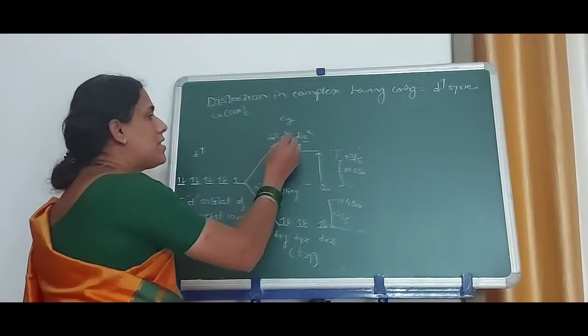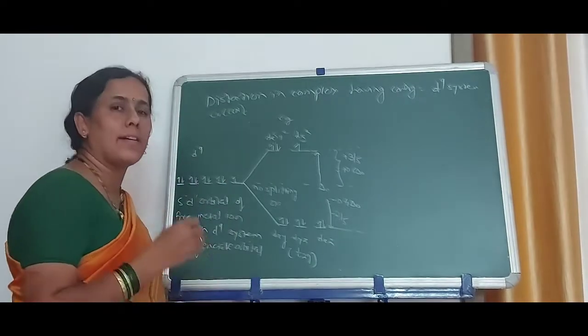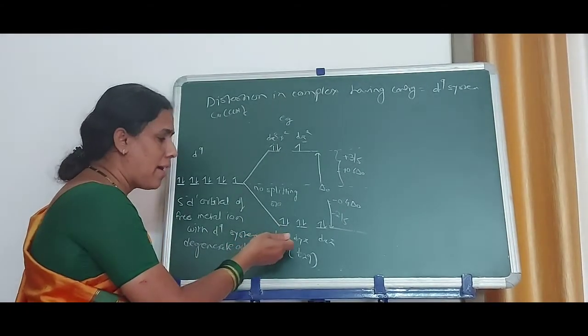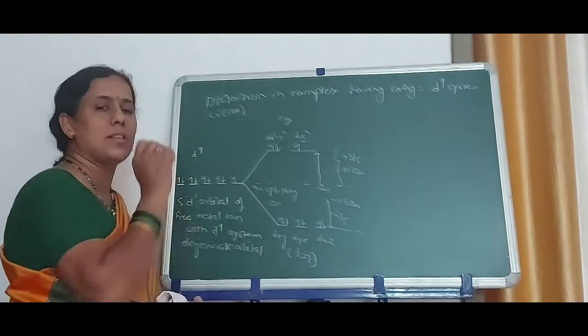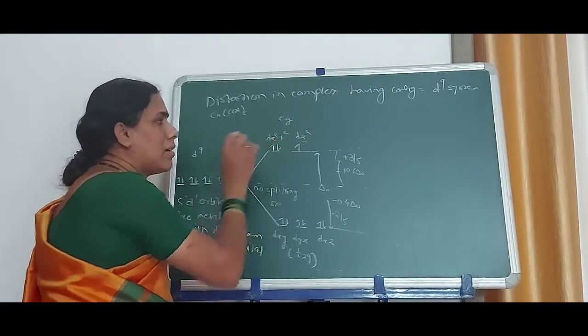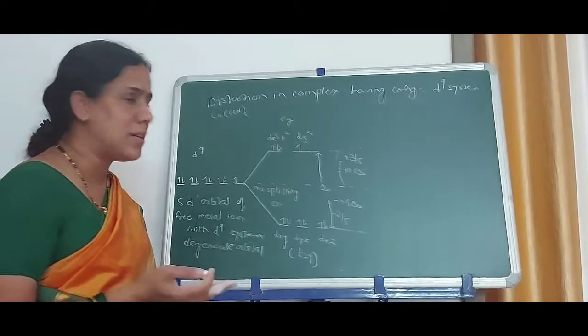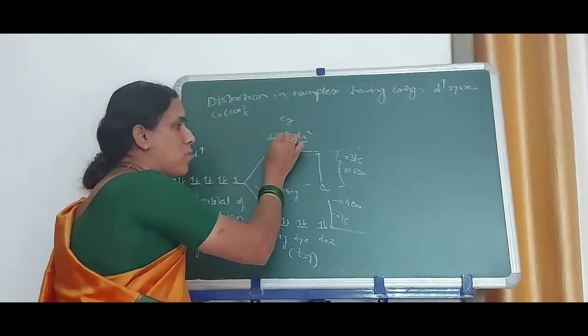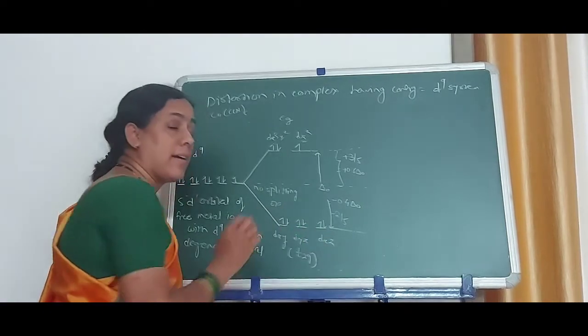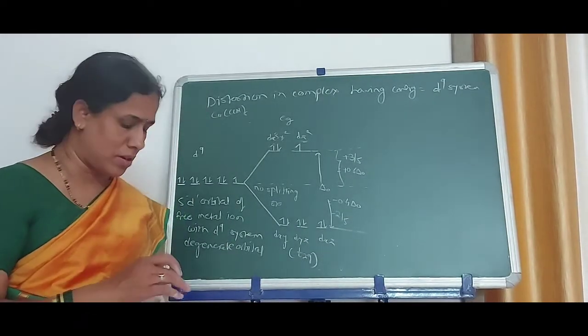Thus, these orbitals experience less repulsion as compared to the dxy and dx square minus y square. Therefore, the orbitals which are lying except on the z axis, that is dx square minus y square and dxy, experience higher repulsion. Okay.